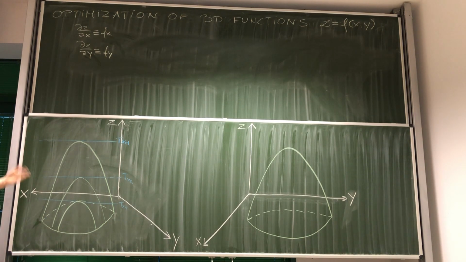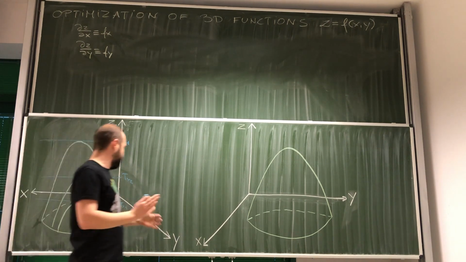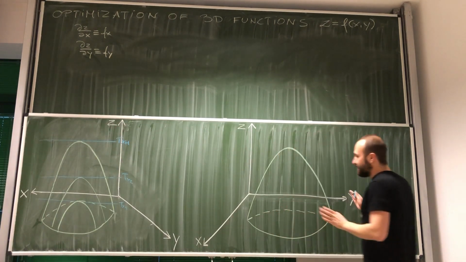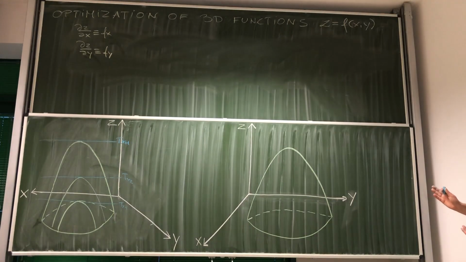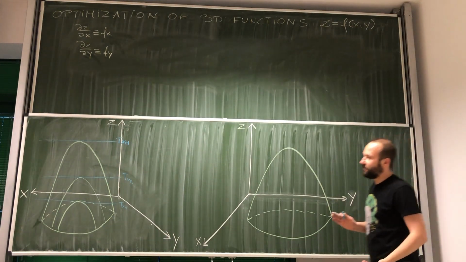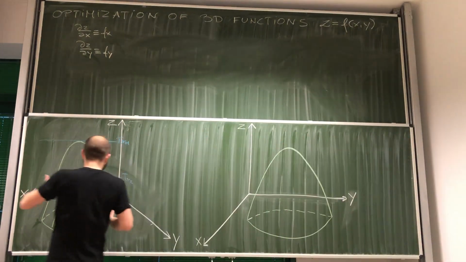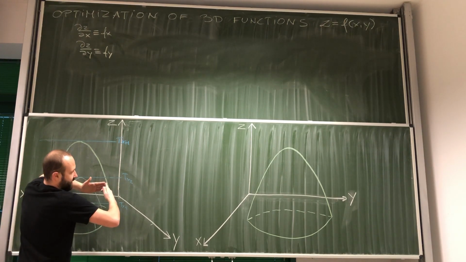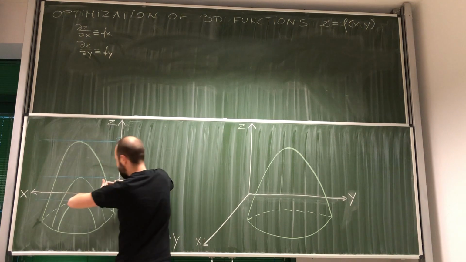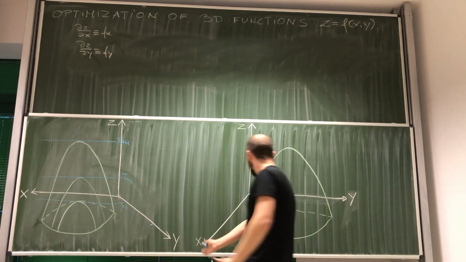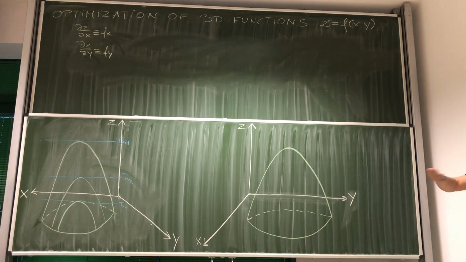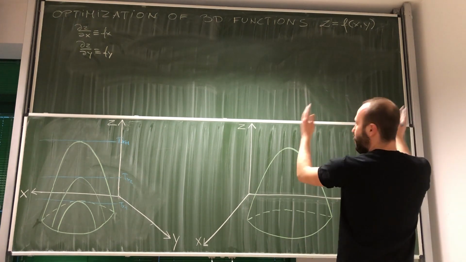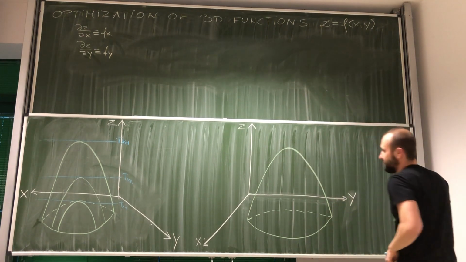Now we can perform exactly the same exercise from the perspective of the y-axis. Imagine that I'm taking this coordinate space, like this, and I'm rotating it like that until we are in this position. So now we have the y-axis in front of us.